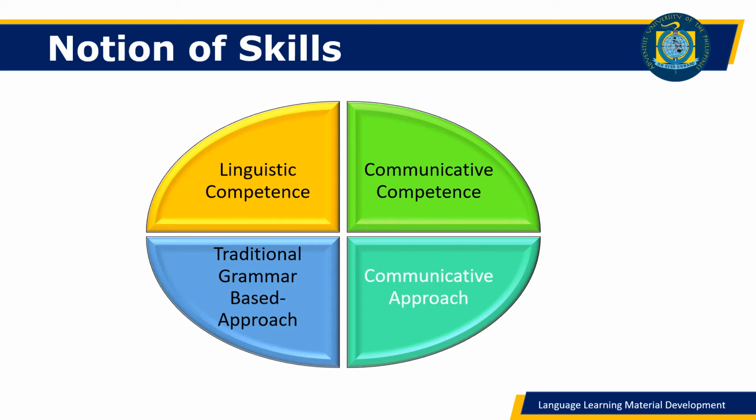Likewise, in order to become able to listen, speak, read, and write in a target language, we also need to acquire the sensory, motor, cognitive, and strategic abilities necessary for using a language too.